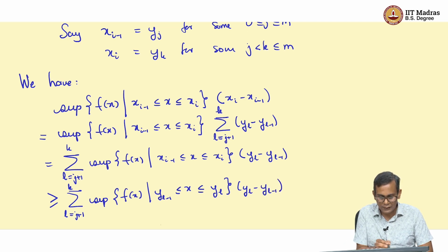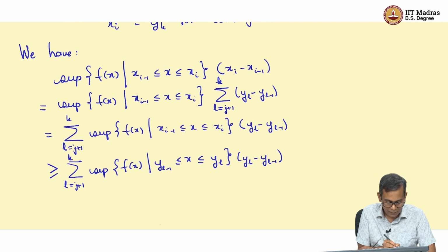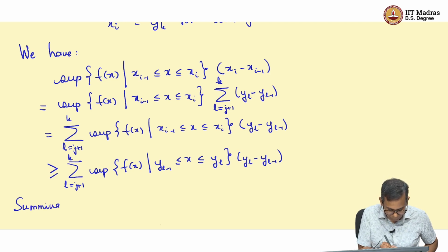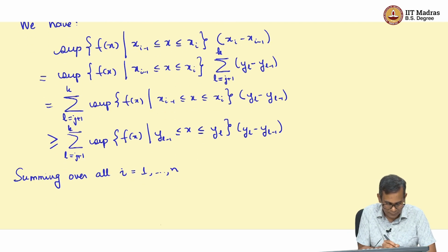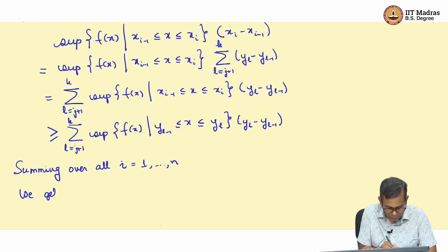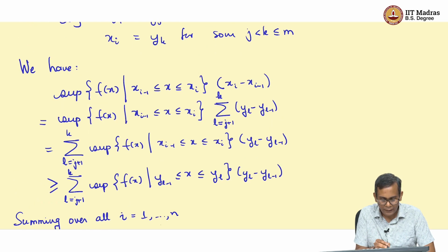Okay, so we have this inequality for the block, for the contribution to the area that comes from the interval x_{i-1} to x_i. So summing over all i, i goes from 1 to n, on the left hand side we'll just get U(f,P), right?